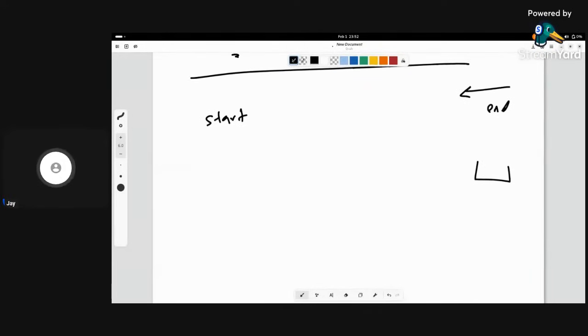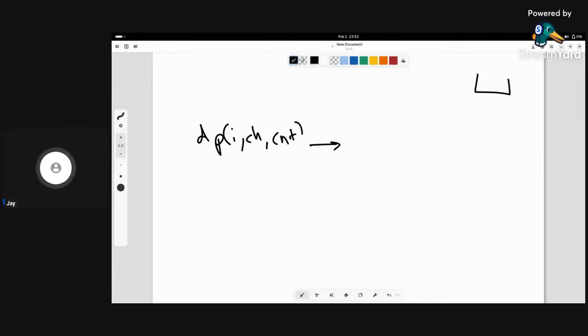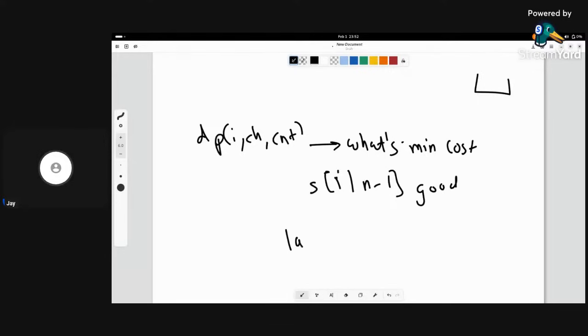That would indicate the minimum cost to make your string from I to the end, n minus 1, good, and the last block in this good string has these characters ch with count.